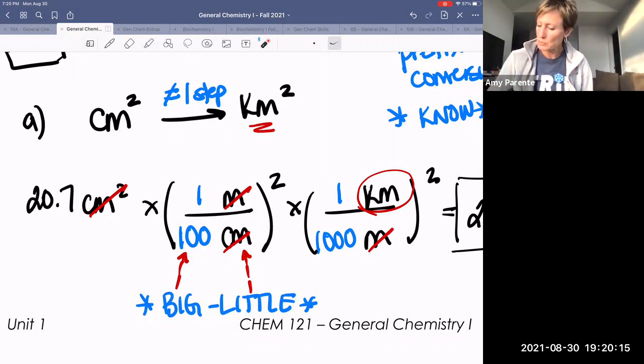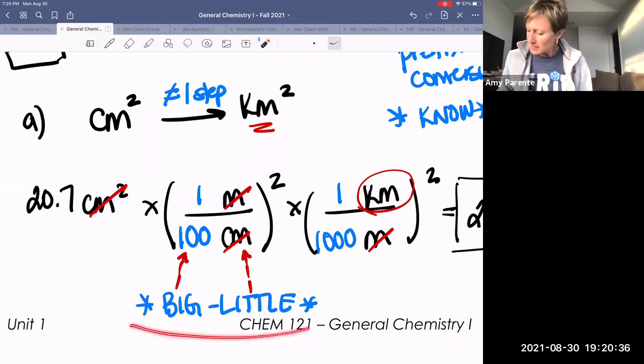Now, some people were asking, hey, can I put the 1 down with my centimeters? Absolutely. But then it's going to be 10 to the -2 up here for my meters. I find that personally a little bit harder to think about. So I always like to have the 1 with my bigger unit.